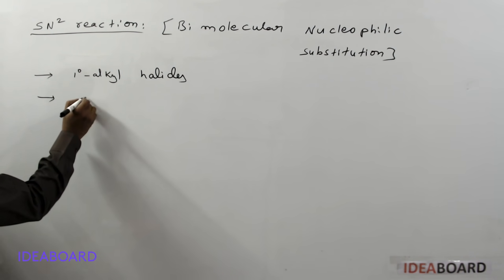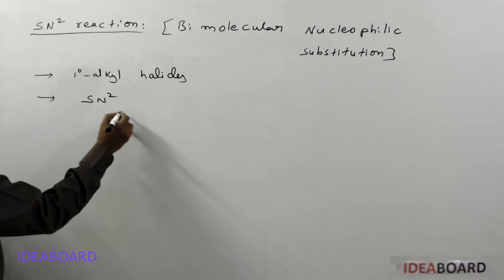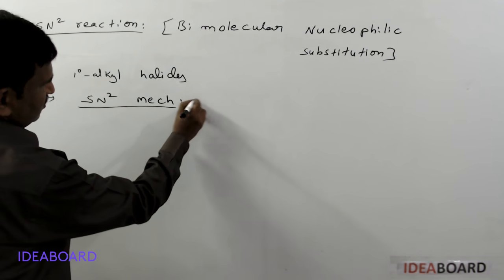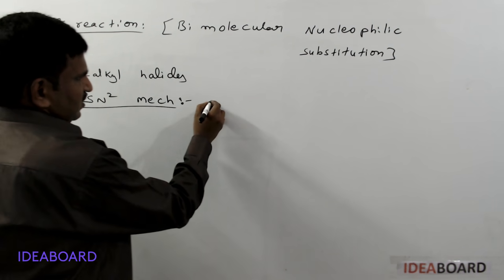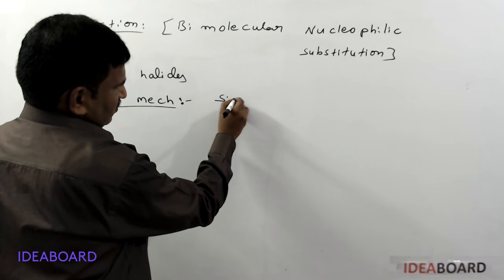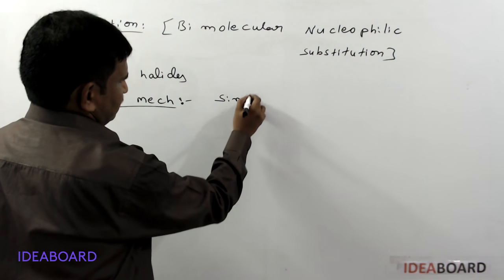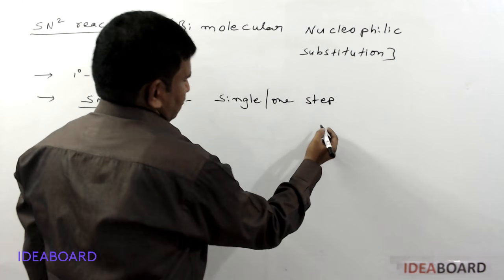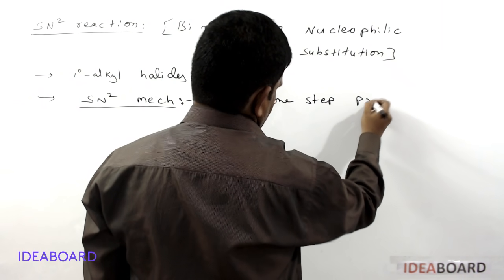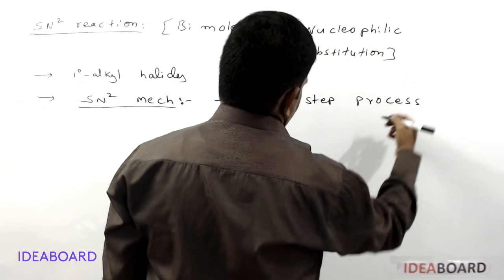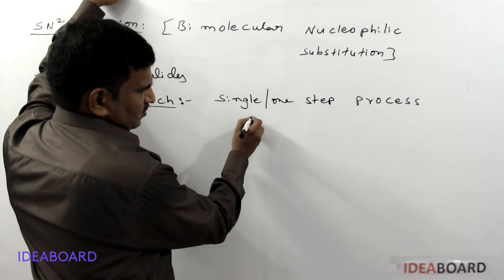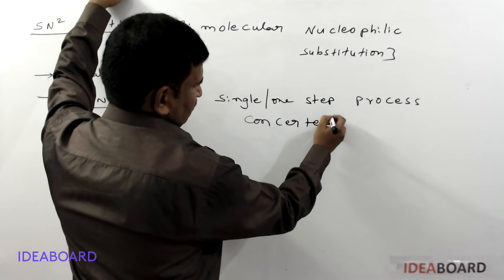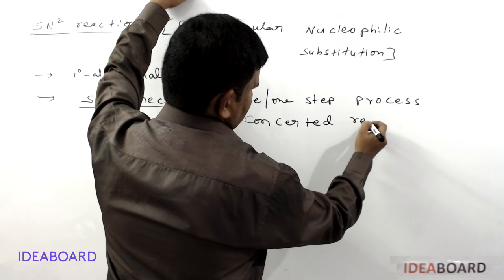The SN2 mechanism is a single step, or one step, process. Because it is a single step process, it is also called a concerted reaction.